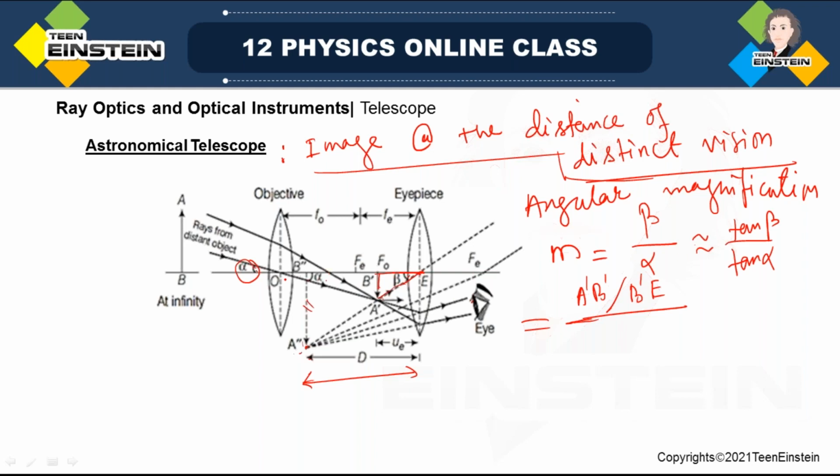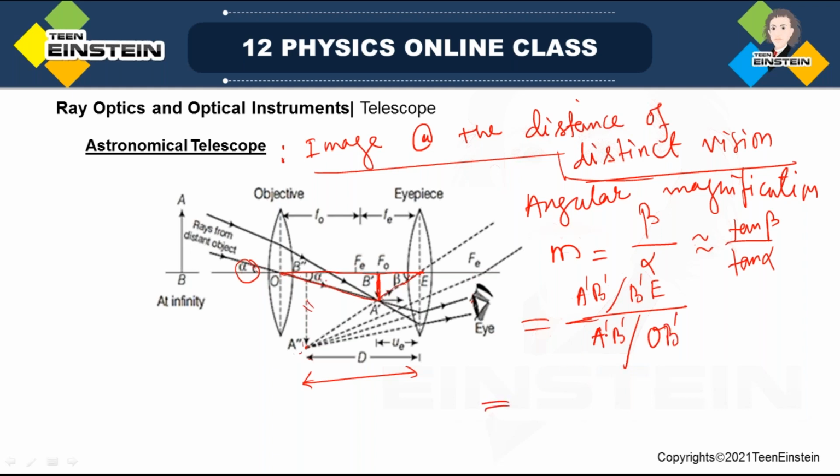Now tan alpha means what? You can just see this is alpha, this is also alpha. You can take this triangle all the way up to here. Okay, look, I'll write over here. So perpendicular is again A prime B prime, by base, which is actually now O B prime.